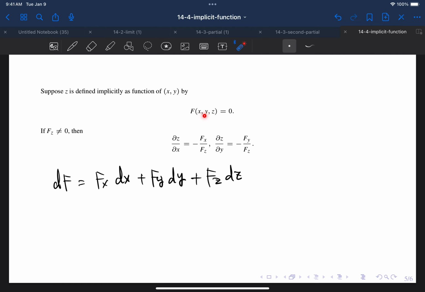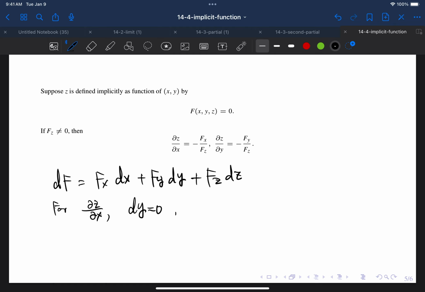So in other words, dy is going to 0, because y is just frozen as a constant. And also, if you take the differential on both sides, a 0 differential is just 0.